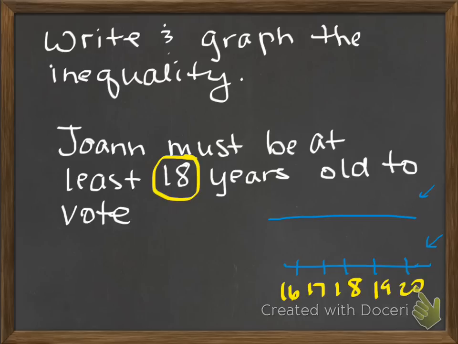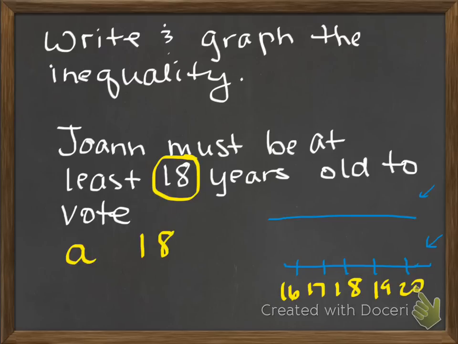We won't think about right now what sign it's going to be, an open or closed dot. We just want to know that that's what's going to go on our graph. So Joanne must be at least 18 years old to vote. So her age must be, and let's put 18 over here.